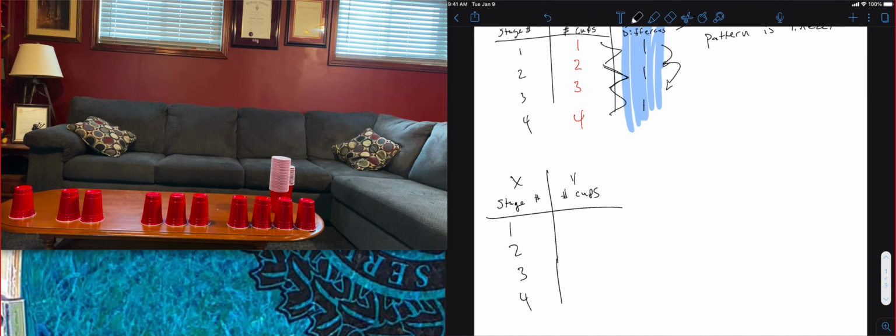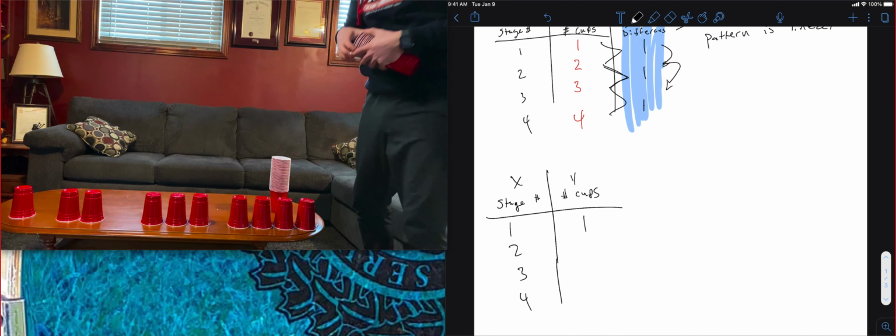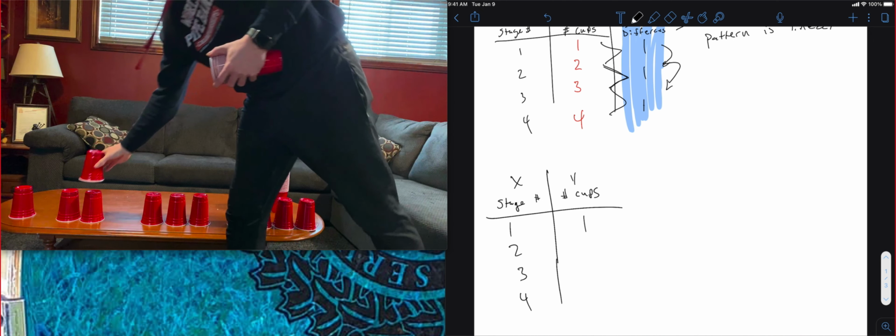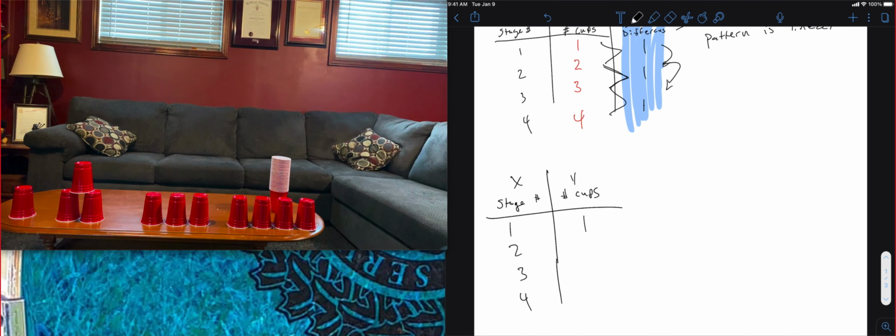So our question is, how many cups are going to be in each of these stages as I start to stack? Okay, well, in stage 1 there, we still are only going to have 1 cup. Now, if I go back over here and I start stacking, and now I'm going to have 3 cups in stage 2. Okay? And then I'm going to keep going.